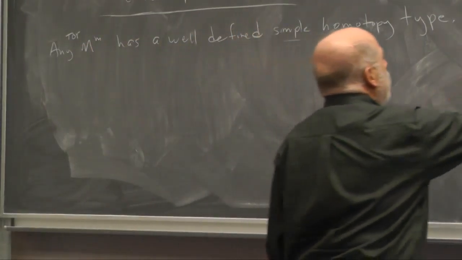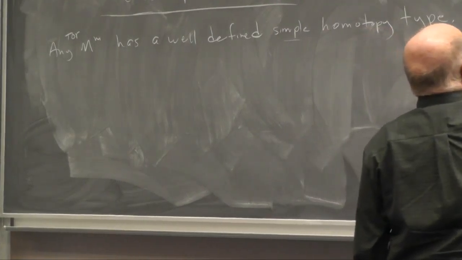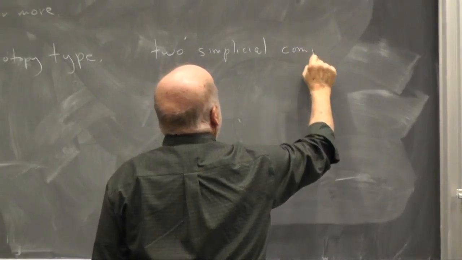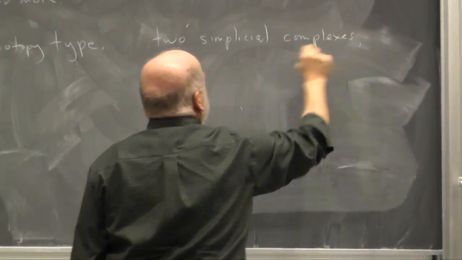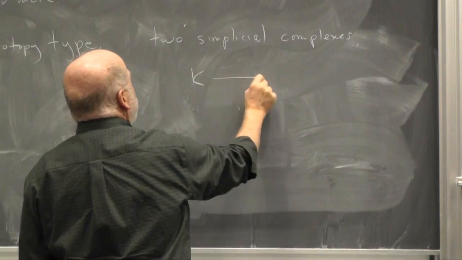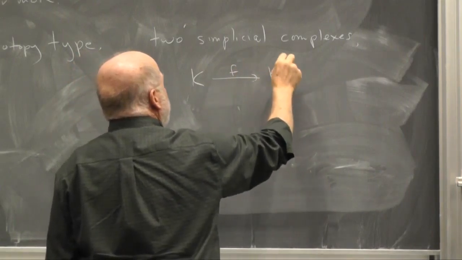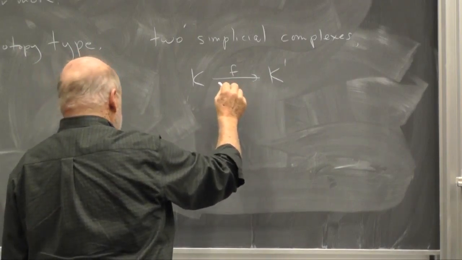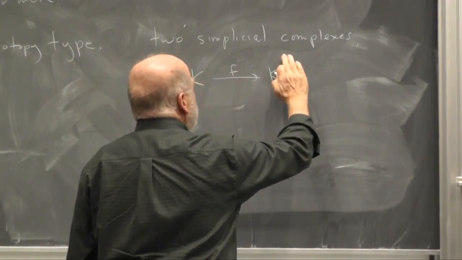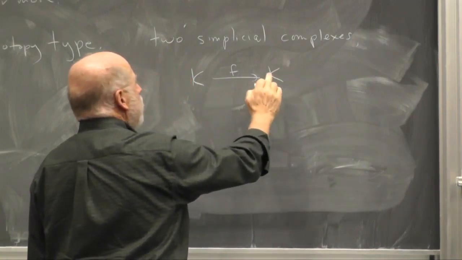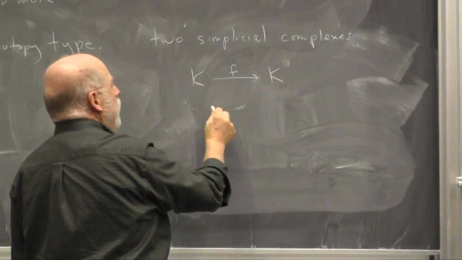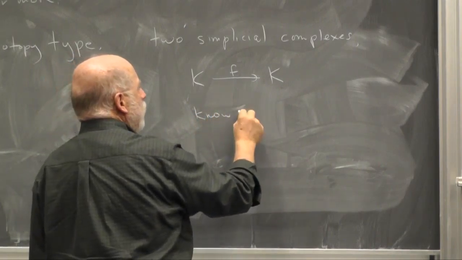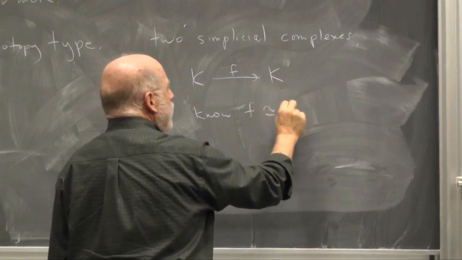If you have two simplicial complexes, K and K prime, and you have a map from K to K prime, you could ask whether, let's say it's just F going from K to K, and we already know what it means that F is homotopic to the identity.